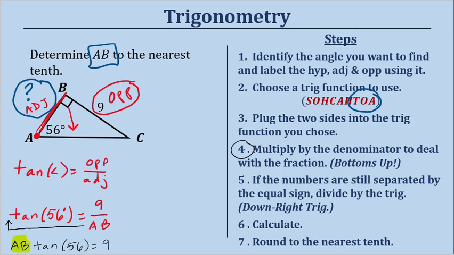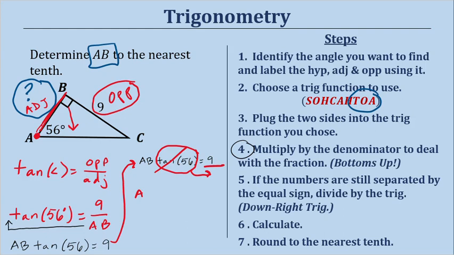AB is with tangent of 56, and my numbers are split by the equal sign. This means I need to cancel tangent of 56 from the left side and move it to the right. And that's always going to happen in the same way. I'm going to take whatever my trig is, cancel it from the left by dividing, and that's going to put it here, underneath the number on the right side.